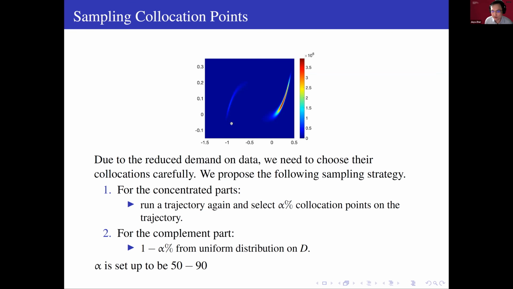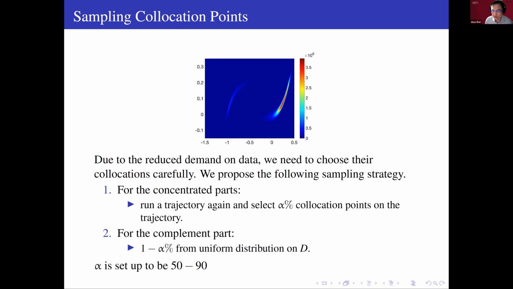But remember, 0 is also a solution of the Fokker-Planck equation. So if we use these low densities, it will be considered as error in the learning process. We will get the 0 solution, but that's not what we want.